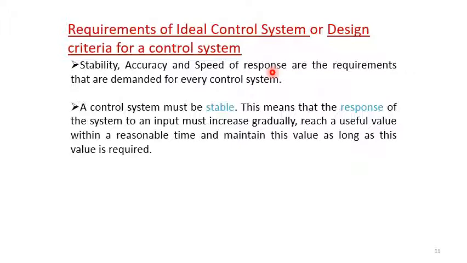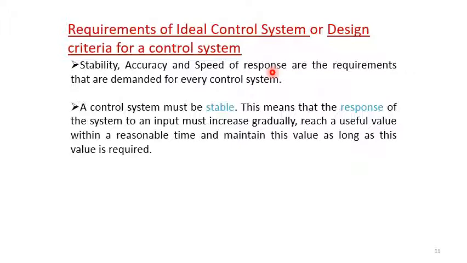So it is reaching that 300 mark, but gradually taking its time to reach it, and reaches a useful value within a reasonable time, and tries to maintain this value as long as that value is required.